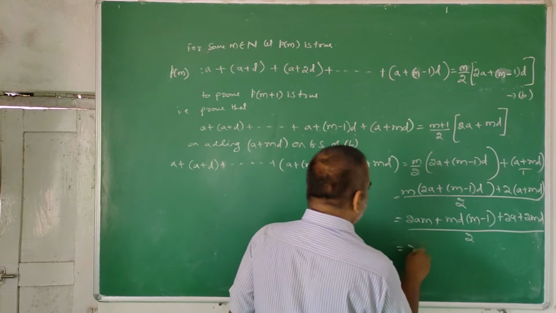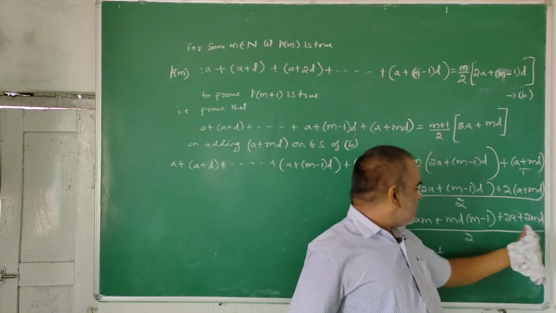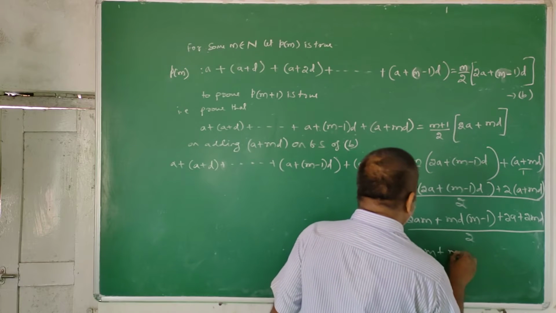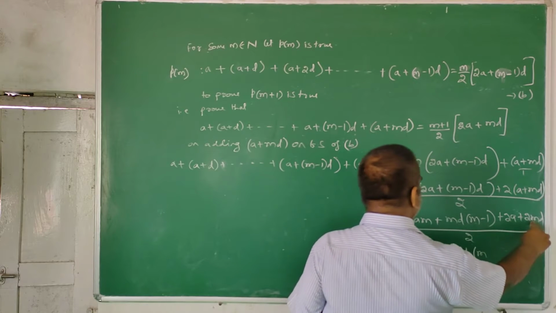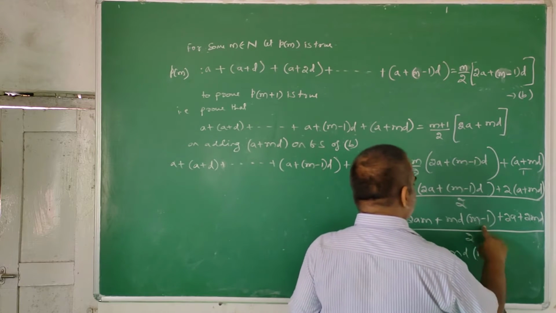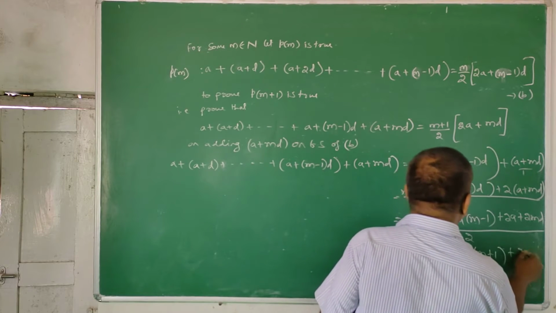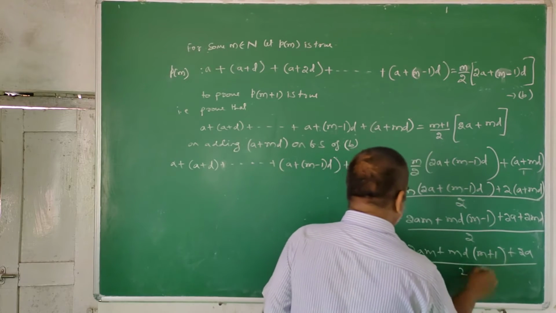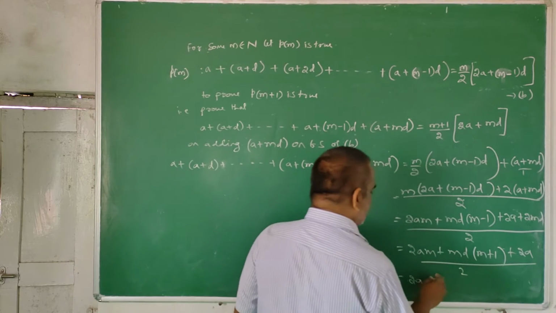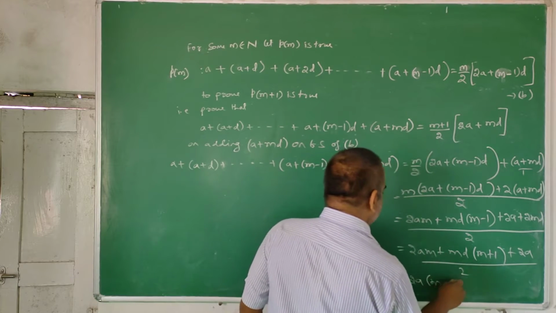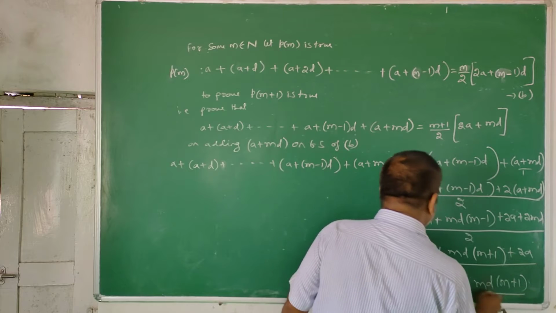This is equal to 2am plus, md is common here and here, so take md common, then you have (m minus 1 plus 2), which will become (m plus 1), plus 2a, by 2. Now here and here take 2a common, you get (m plus 1), plus md into (m plus 1), by 2.